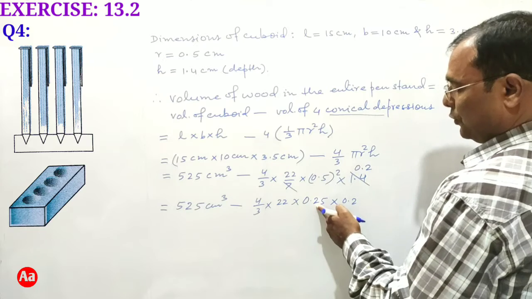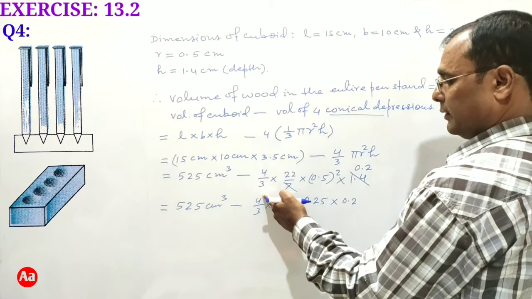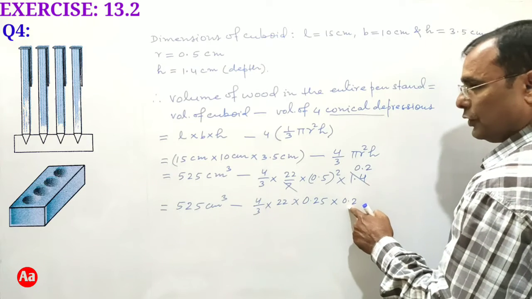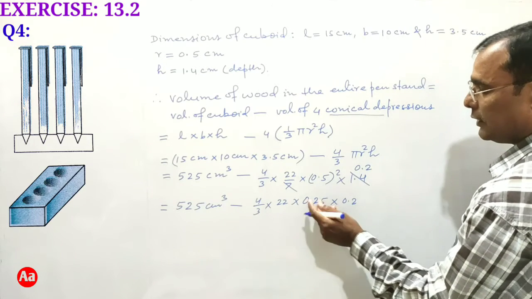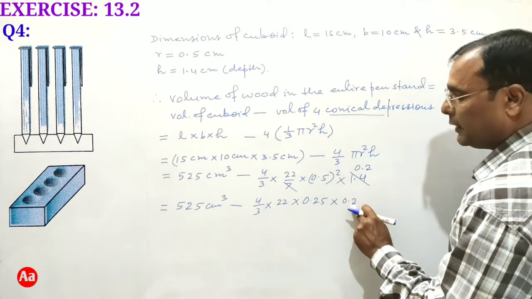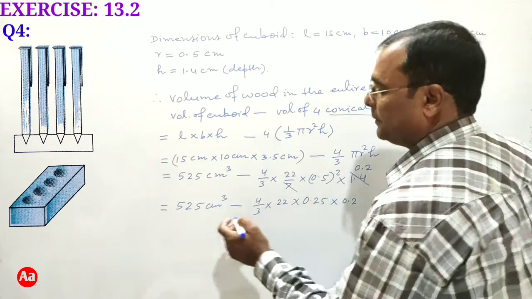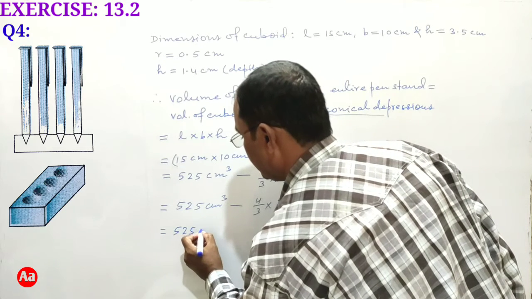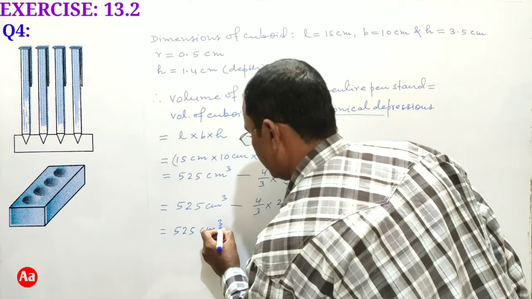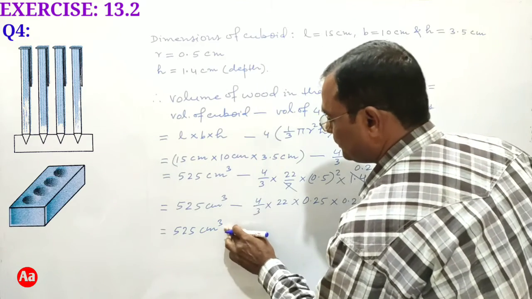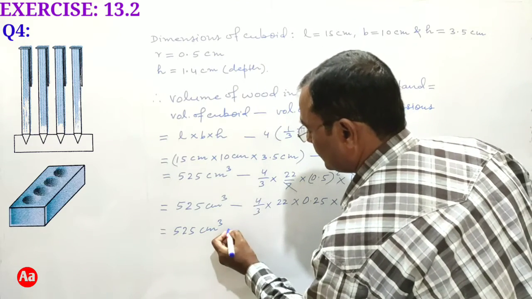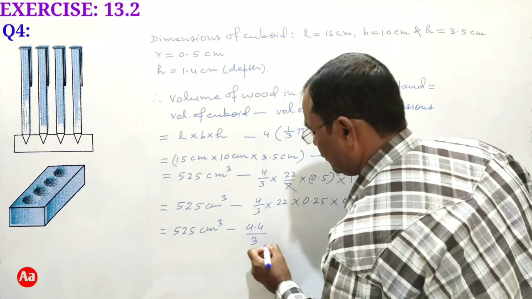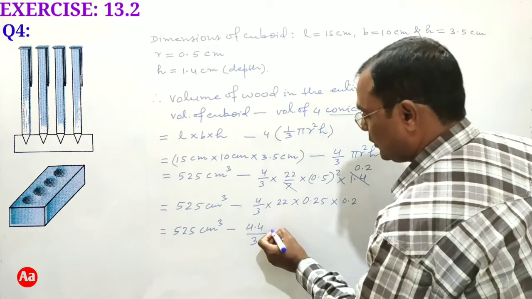This 0.25 into 4 is 1. 1 by 3 into 22 into 0.2, that is 22 into 0.2, 4.4 by 3. So this is ultimately 525 centimeter cube minus 4.4 by 3 centimeter cube.